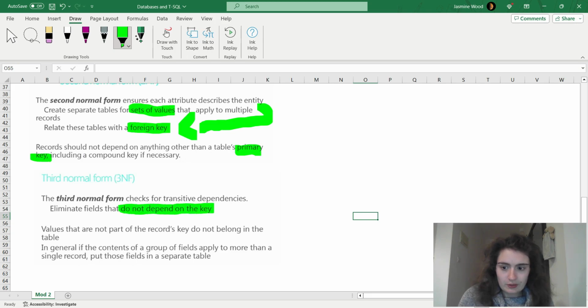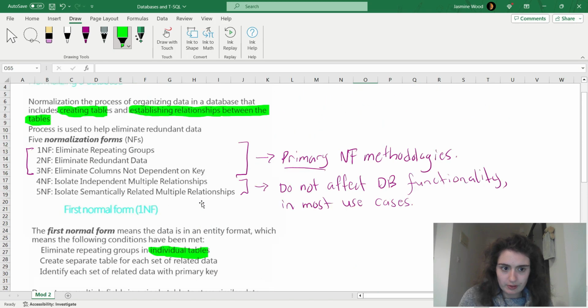So essentially, this normalization process cleans up, if you will, or arranges data such that it's more able to be utilized, essentially. And the normalization process is typically done in this sequential order via the normalization forms from the first to the second to the third form.